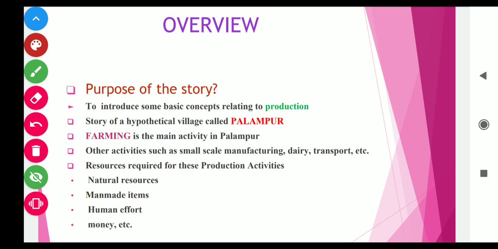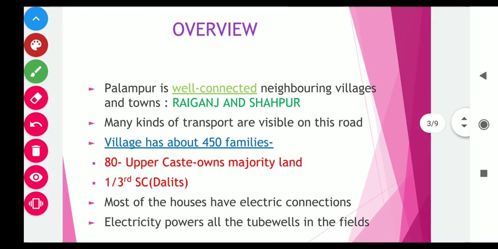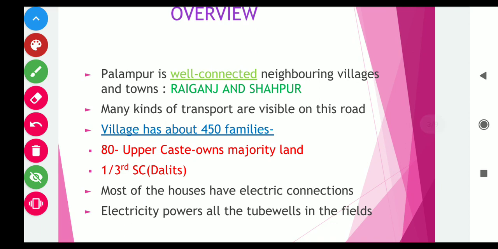Secondly, children, the village Palampur is well connected to its neighboring village and towns. Like Raiganj, a big village, is well connected by road to village Palampur, which is just 3 kilometers from Palampur.